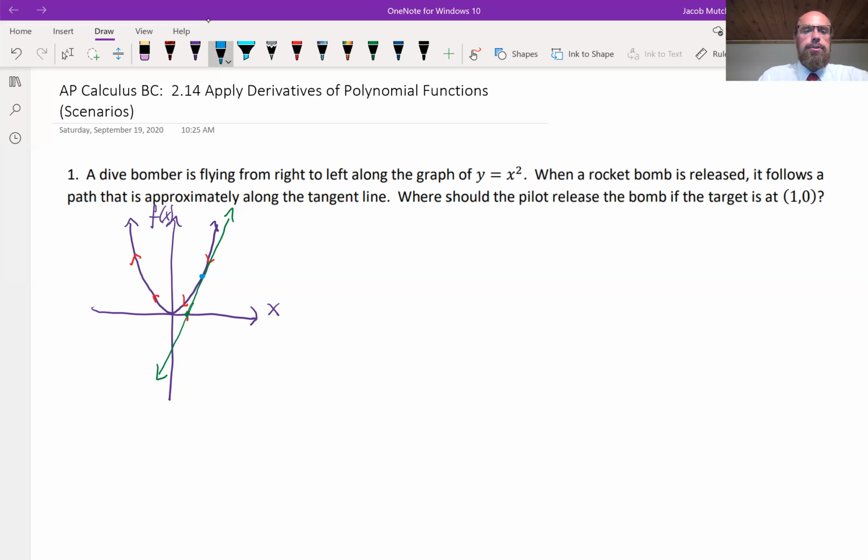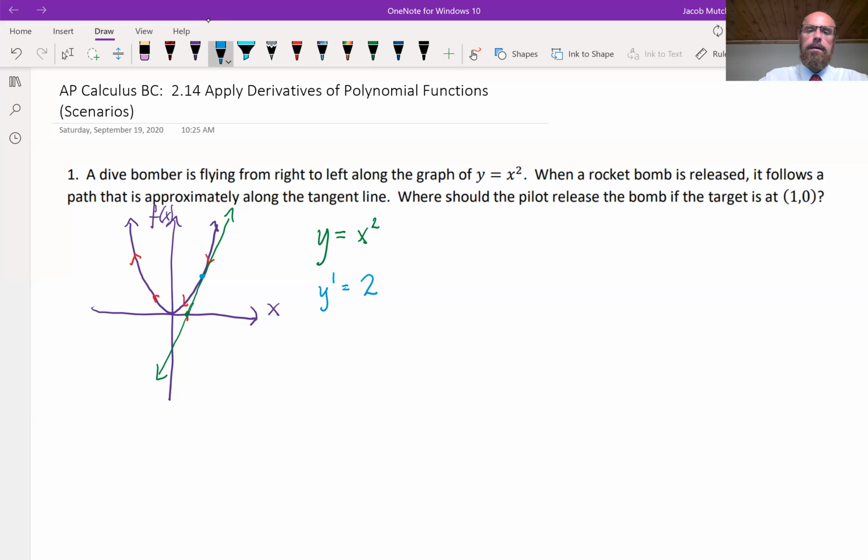So the first thing we should do is ask, what is the slope of that tangent line? Recall that the slope of the tangent line will be given to us by the derivative of the function it's tangent to. So if our function here is y equals x squared, the derivative of y is going to give us the slope of the tangent lines.